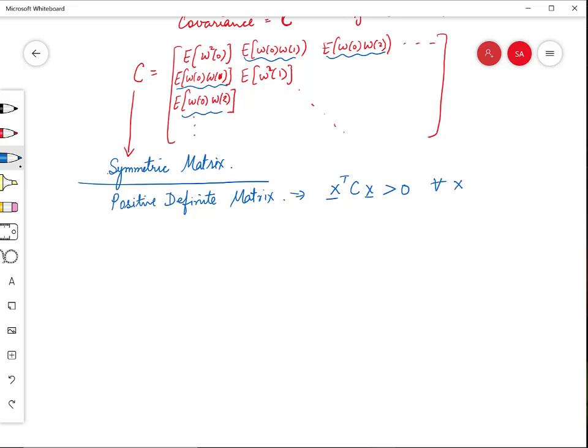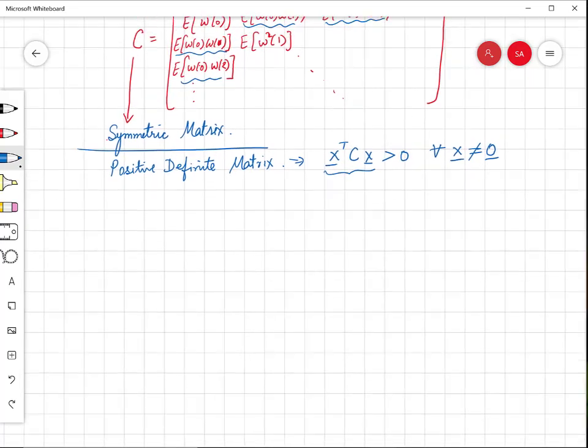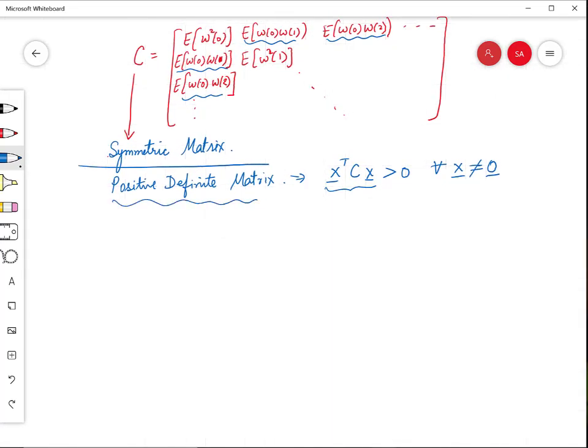Because it is a positive definite matrix, C inverse also exists and is also a positive definite matrix.